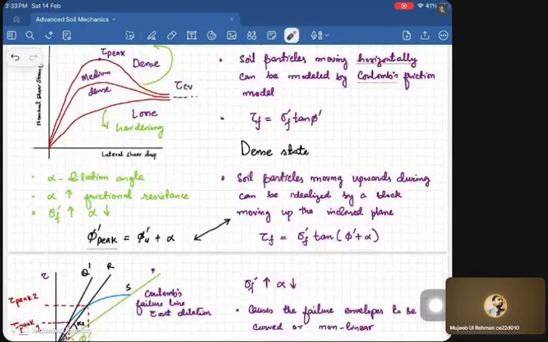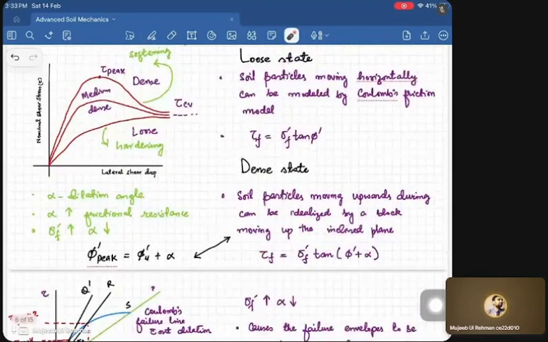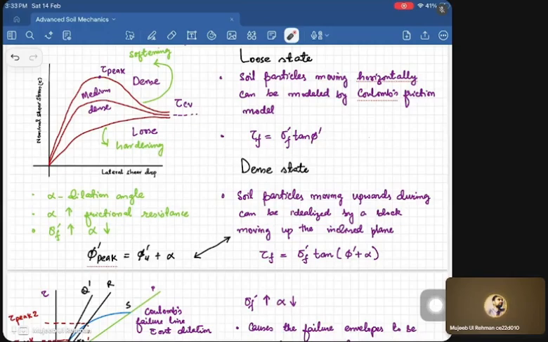What is alpha? Alpha is the dilation angle. I mean to say that this dilation angle is how much the sample can dilate. With the increase in the normal stress, with the increase in sigma dash f, this dilation will decrease, because particles will not have much freedom to undergo volume change.